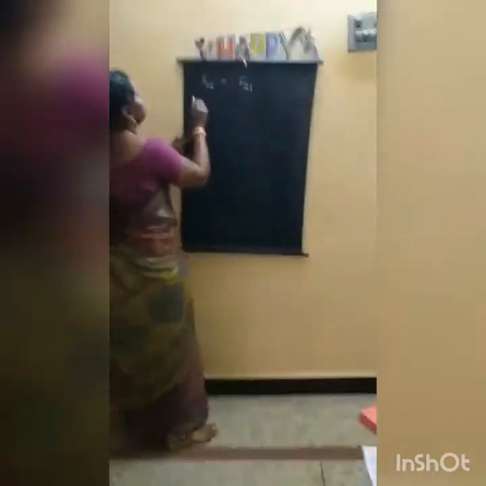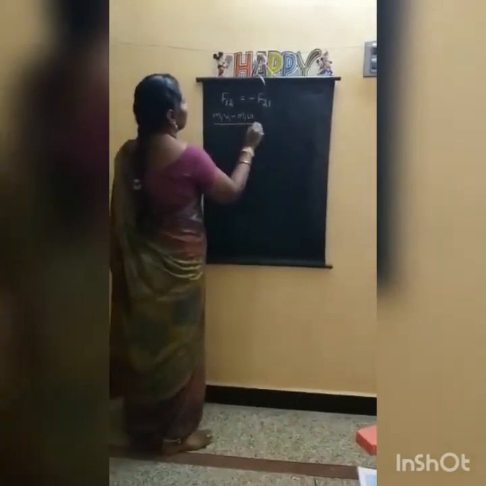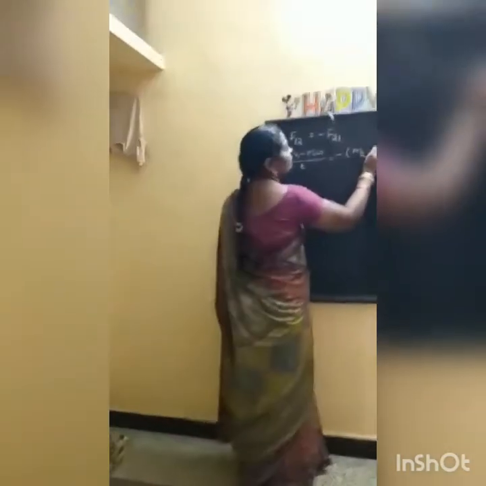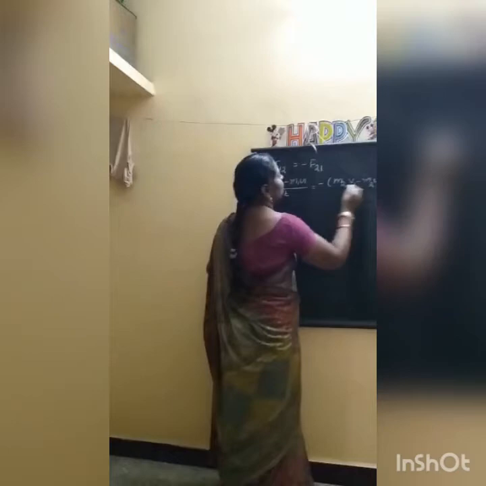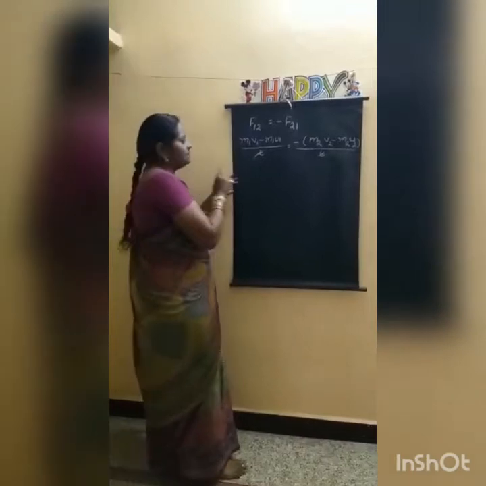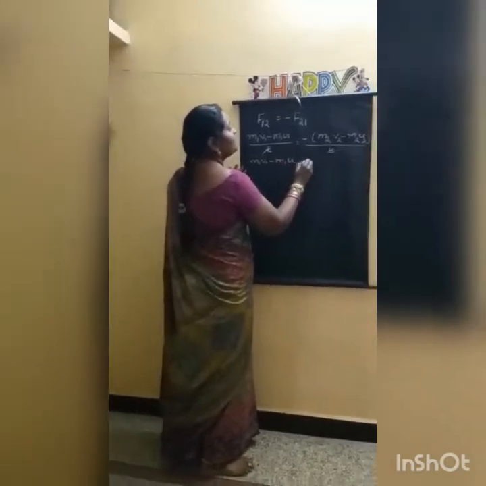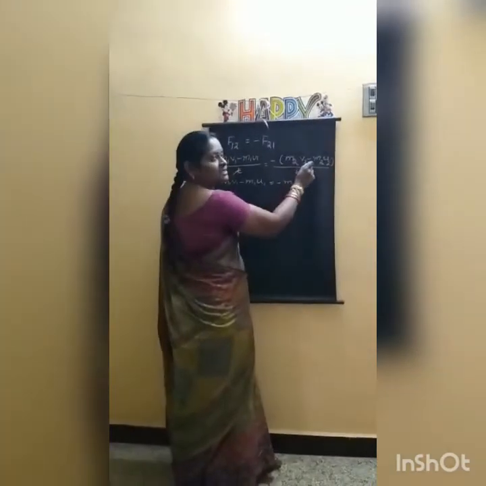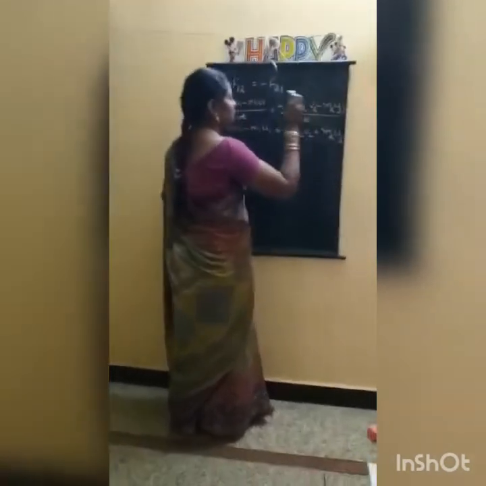m1 v1 minus m1 u1 by t equal to minus m2 v2 minus m2 u2 by t. T cancels. Now we write down the remaining terms equal to minus m2 v2 minus into minus plus m2 u2.